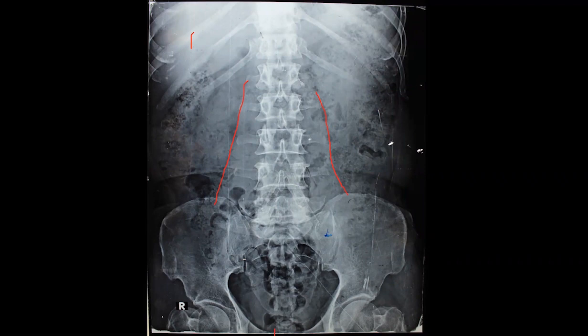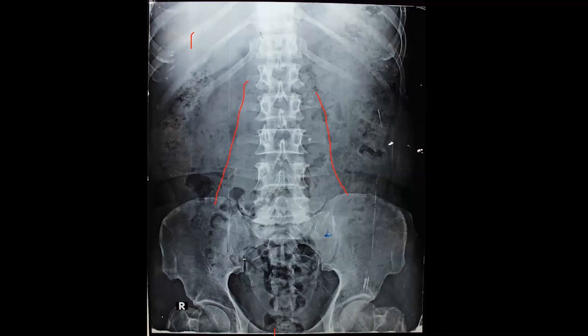But is it a good one? No, it's not that good. Why do you think it's not good? Because of the colonic shadows, and it's not that clear.